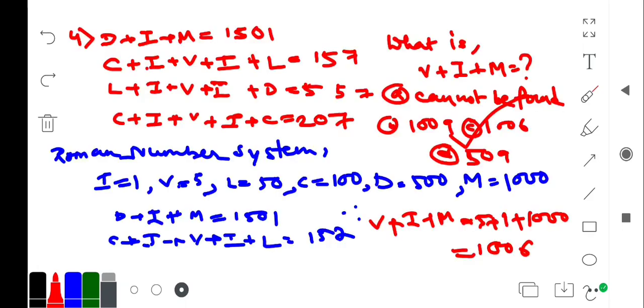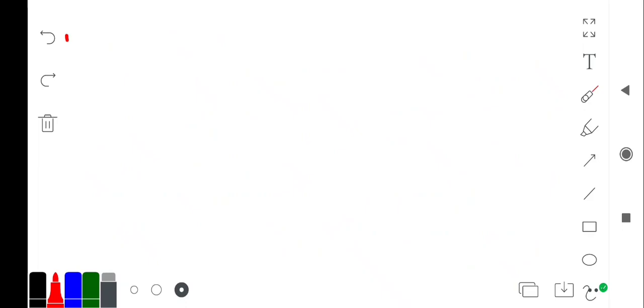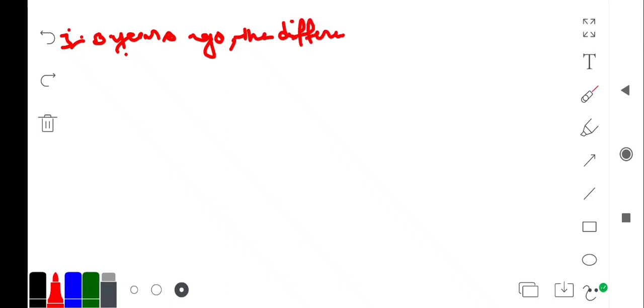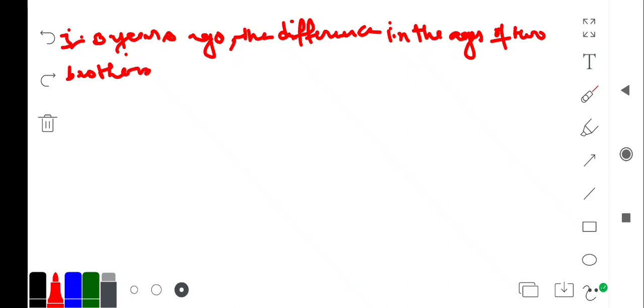Okay, next one. This is 4, this is 5. Three years ago, the difference in the ages of two brothers was 2 years.